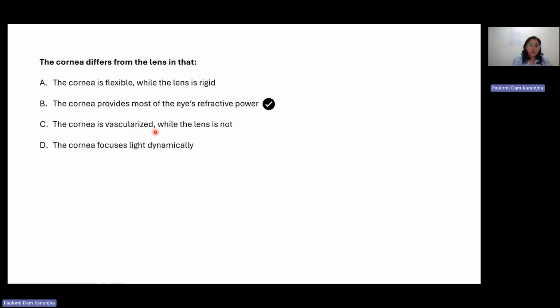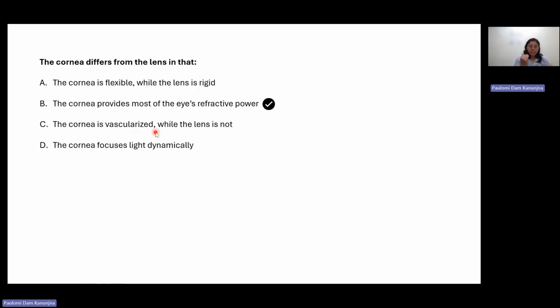Next one says the cornea focuses light dynamically. The cornea doesn't focus light. The cornea refracts or bends the light. Focusing of the light is done by your lens, right? So it is an incorrect statement. The second statement, which says the cornea provides most of the eye's refractive power, is true.